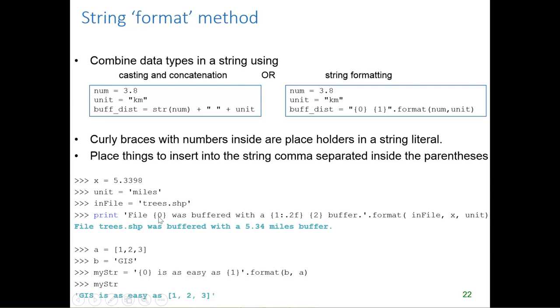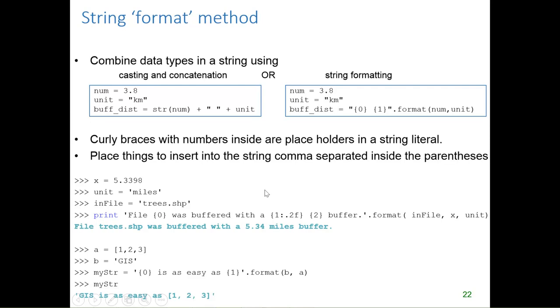We want to put the variable for the file name here, the numerical value here, and then the unit there. So the file would go in the 0th position, X would go in the 1st position, and unit would go in the 2nd position. Notice that the indexing starts at 0, just like with string indexing.